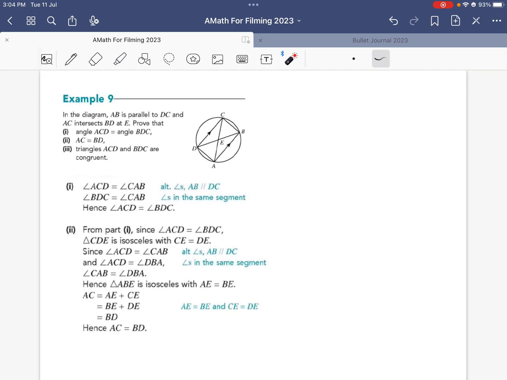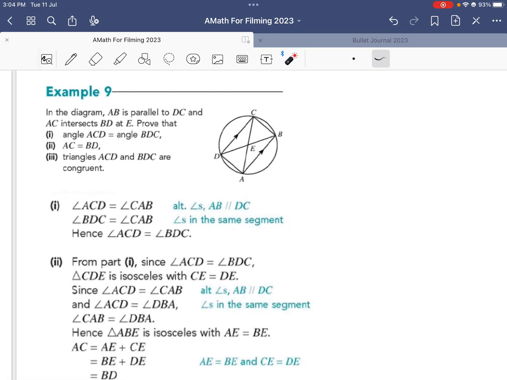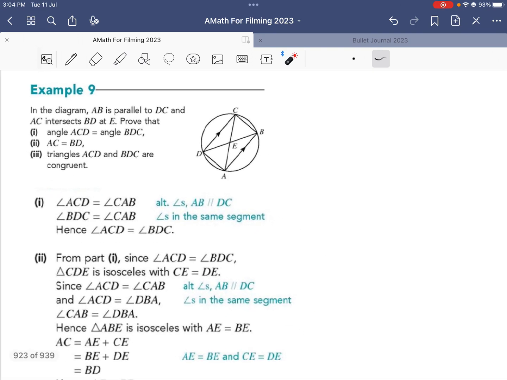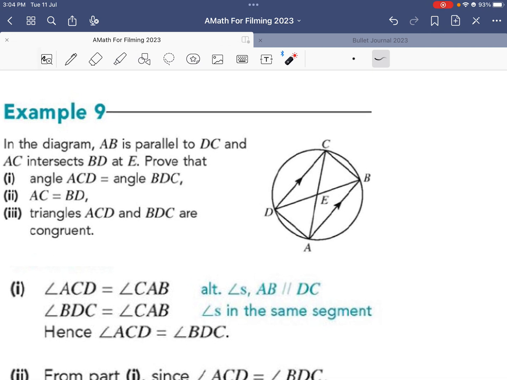Now, let's go to example 9 found on page 178 of your textbook. In the diagram, AB is parallel to DC, and AC intersects BD at the point E. Prove that angle ACD, this angle, equals angle BDC, this angle.